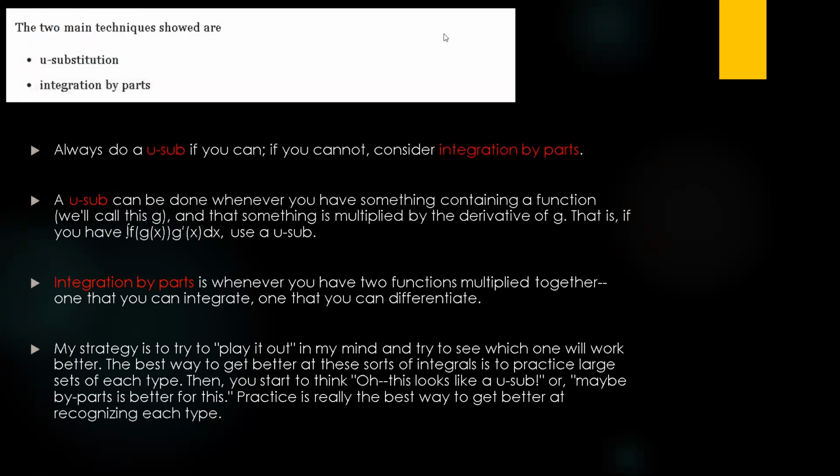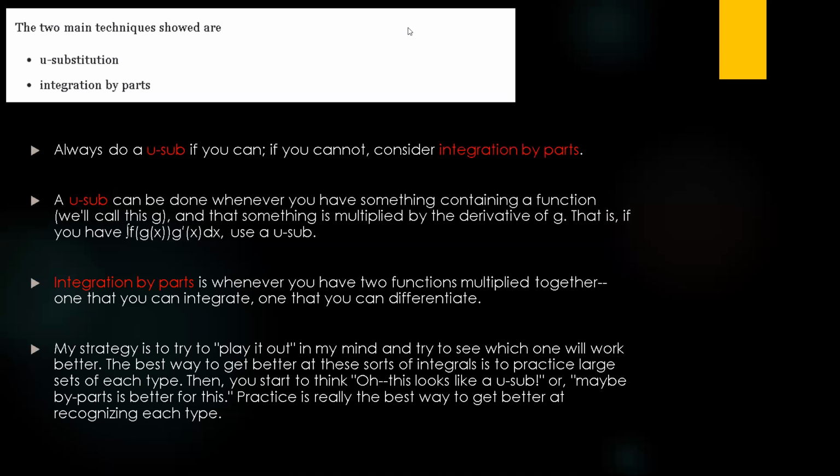Now, the two main techniques for the integration are U substitution and integration by parts. By now we know that if we have two functions that are multiplied, you have two ways to solve them: U substitution or integration by parts.